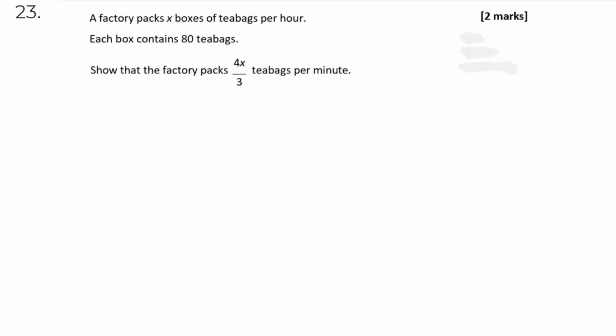A factory packs x boxes of tea bags per hour. Each box contains 80 tea bags. Show that the factory packs 4x over 3 tea bags per minute. Okay, so if a factory packs x boxes of tea bags per hour and each box contains 80 tea bags, then tea bags per hour is going to be the number of tea bags in each box times the number of boxes, which is 80x.